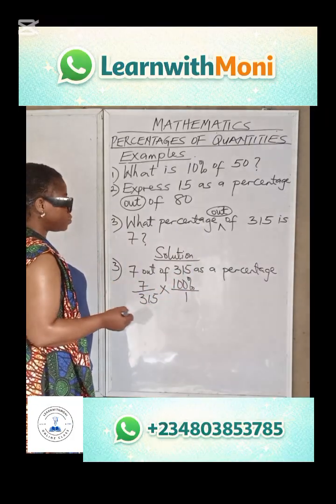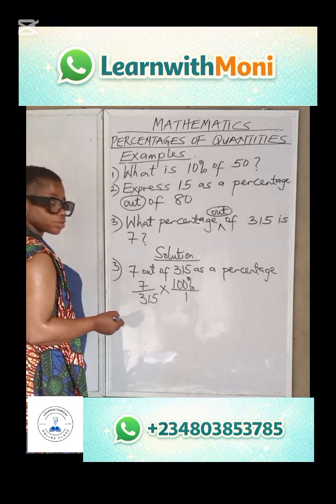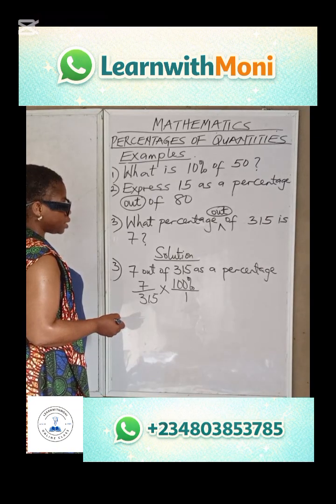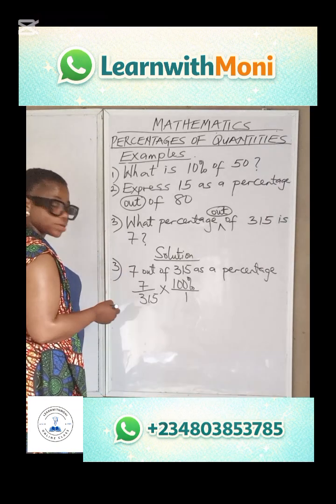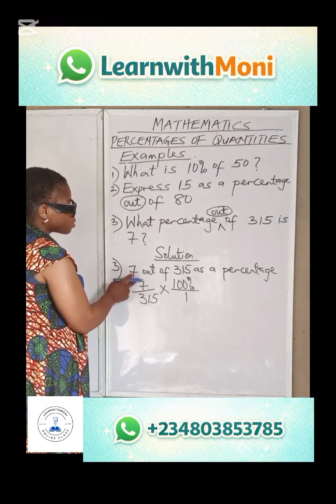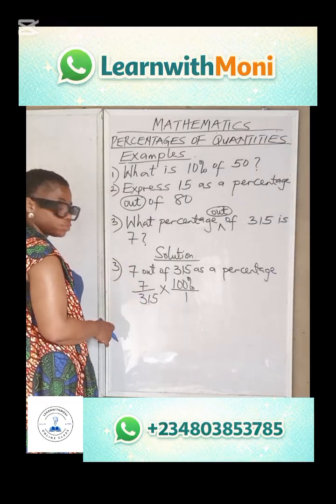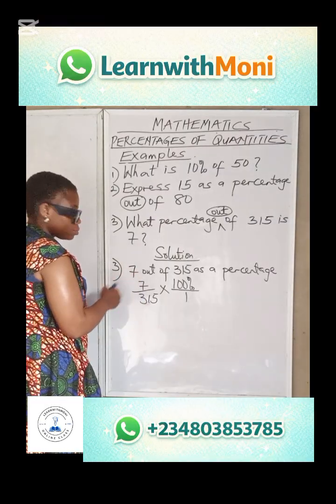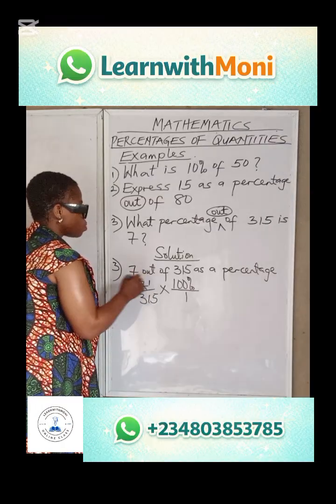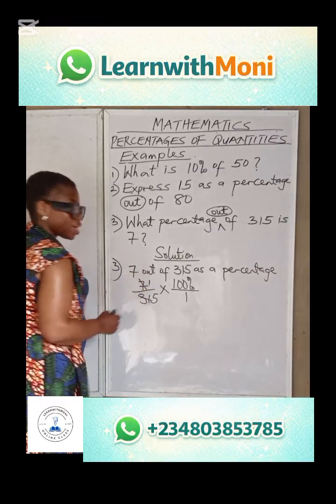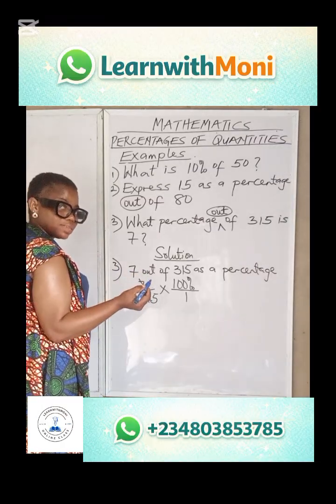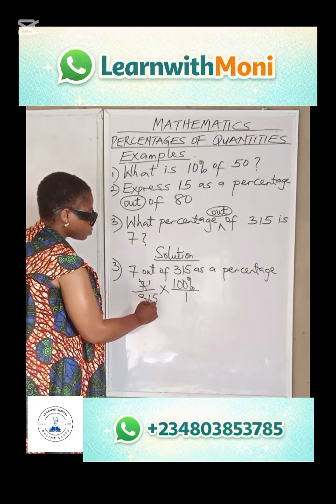Then we look for common factors that we can use to divide. I can see a common factor between 7 and 315, which is 7. 7 divides 7 once. 7 divides 31, that is 28, which is 4 times.